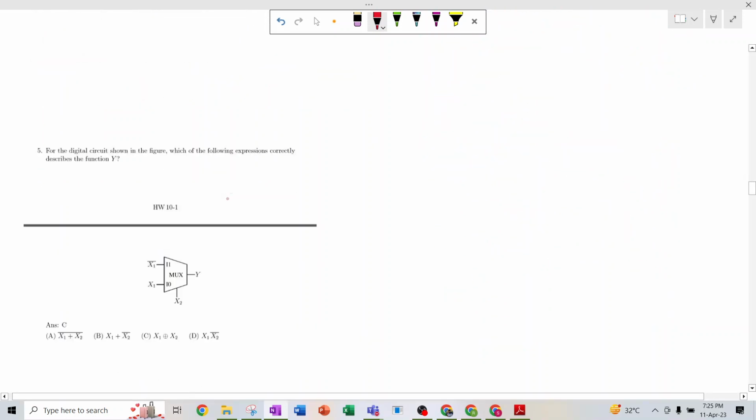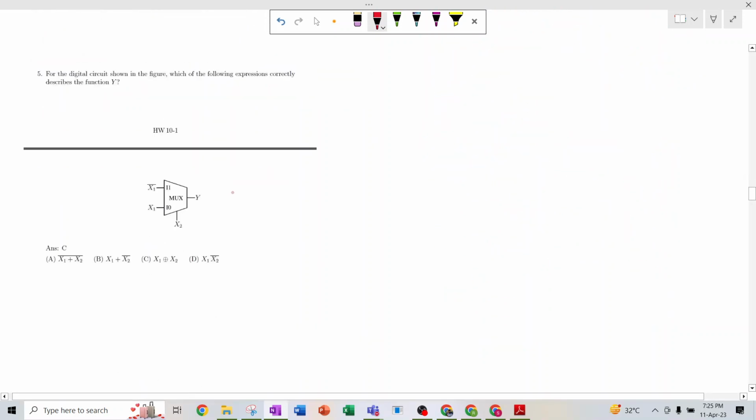Okay, obviously false. Then the next thing: for the digital circuit shown in the figure, which of the following expressions correctly describes the function y? So this is basically a mux. A mux is nothing but a multiplexer.